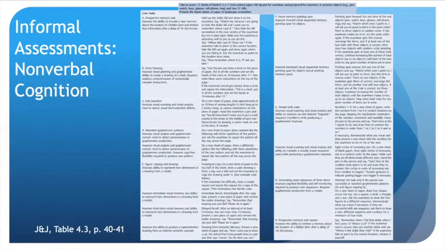Then there's nonverbal cognition. So to assess nonverbal cognition, you might look at a perspective memory task. You might do clock drawing, line bisection, various graphomotor patterns, figure copying and drawing. There's a cube drawing task in the MOCA that's pretty common.